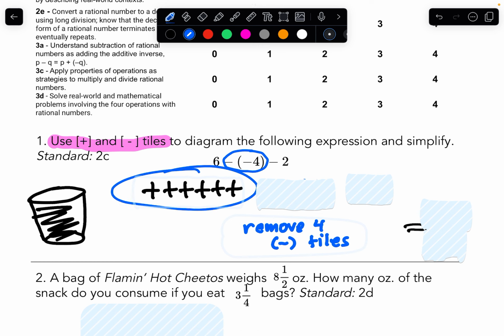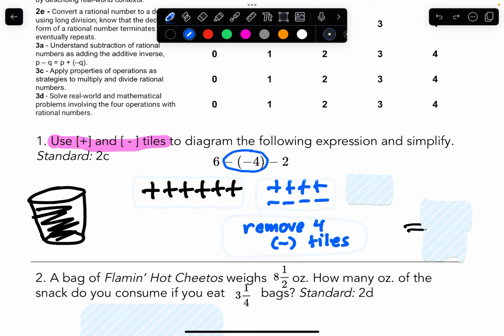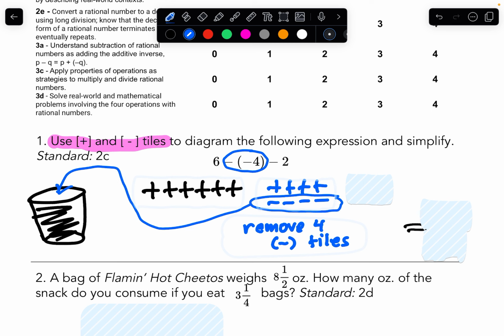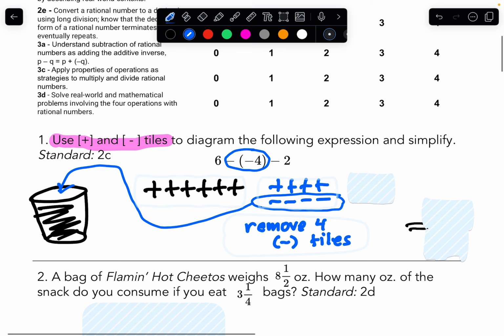Do we have 4 negative tiles? The answer is no, so we have to add 0 pairs. Once we have those 0 pairs, I can take those 4 and place them in the trash because it says minus -4. Did I just remove 4 negative tiles right there?